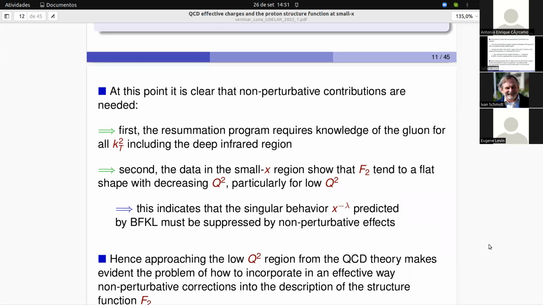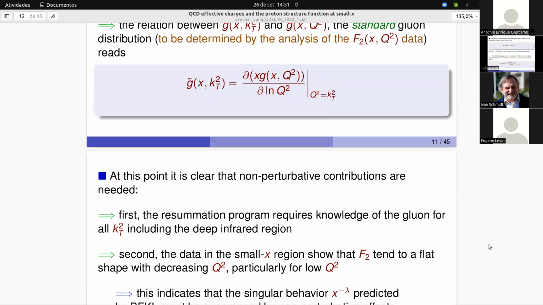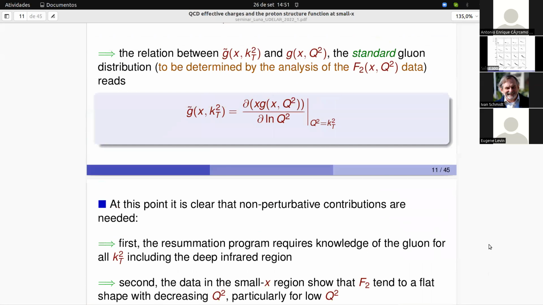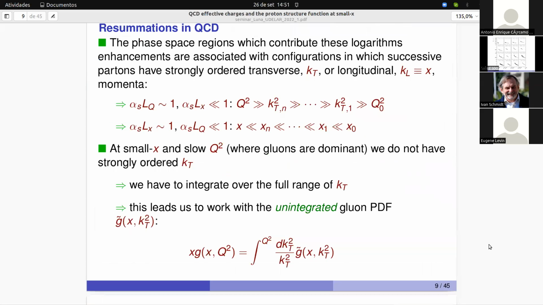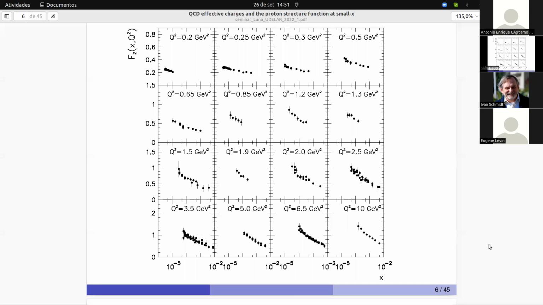Just to show the data again, it is page 5. When you go to the non-perturbative region, we see that in the perturbative region you have this kind of inclination of the data, but when you go in the direction of smaller and smaller Q square, the behavior is like this decline of the inclination.